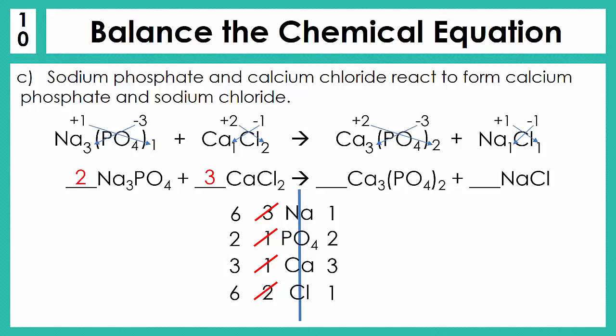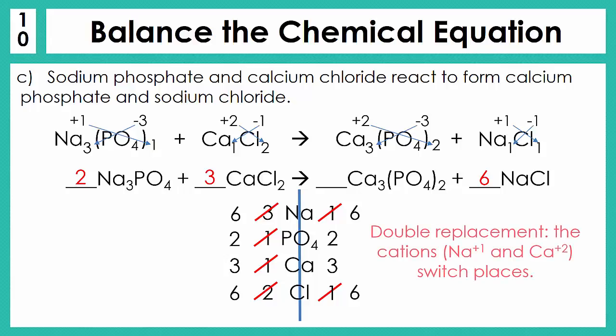So now the only thing that's not balanced is the Na and the Cl, which is convenient because if I put a 6 on the other side, I end up with 6 and 6, so it's balanced. This is also a double replacement reaction. The cations, which are sodium and calcium, are going to switch spots.